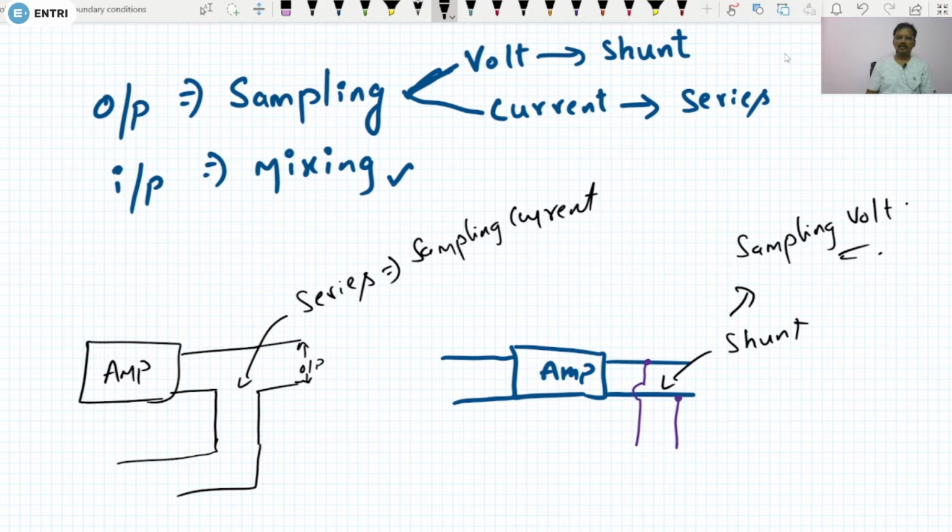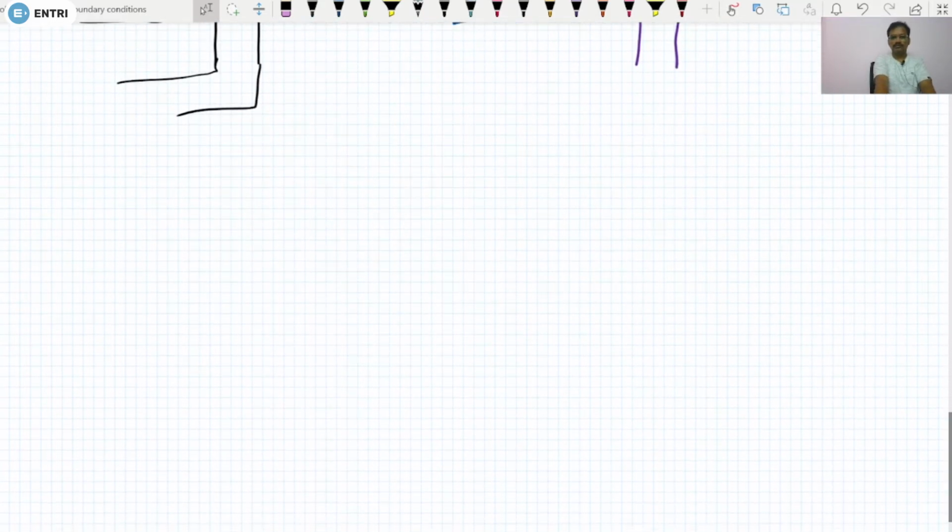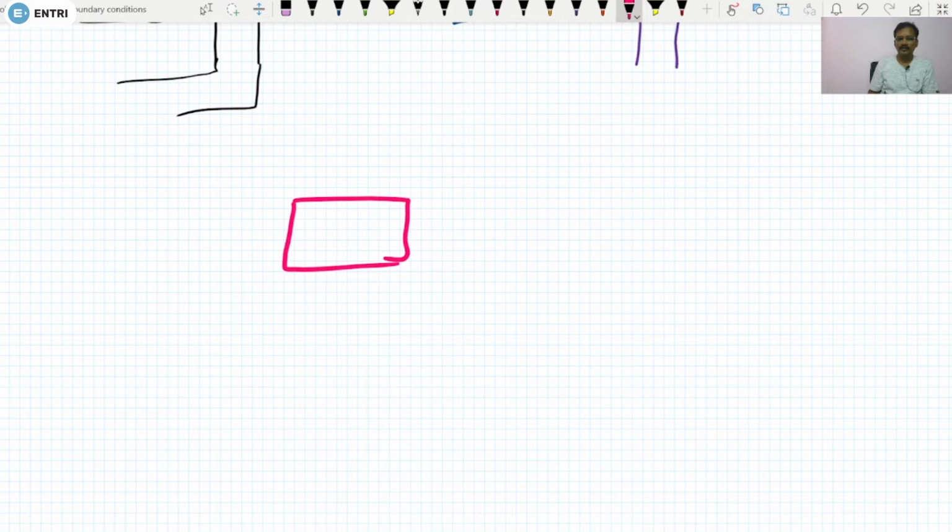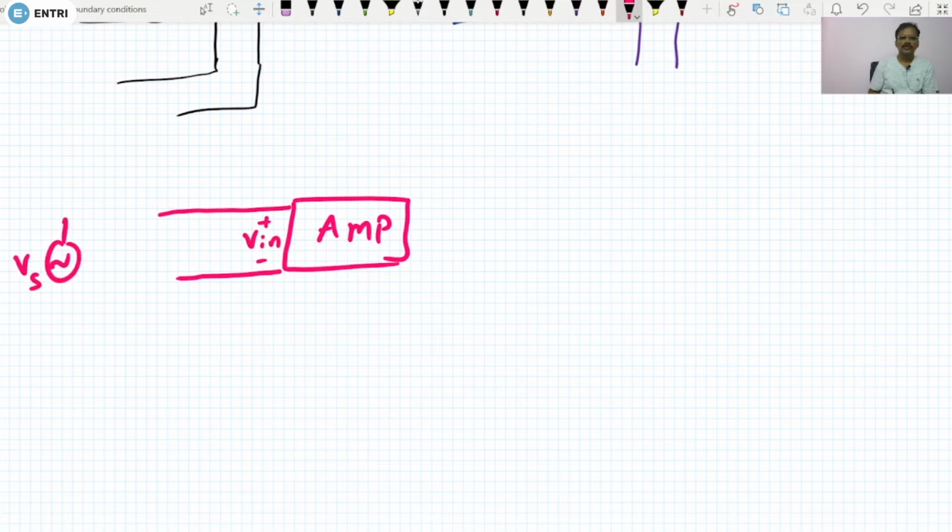So at the input, this is the amplifier, this is Vin, and here you have the source voltage.